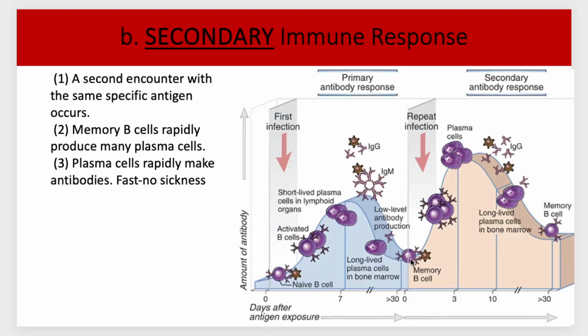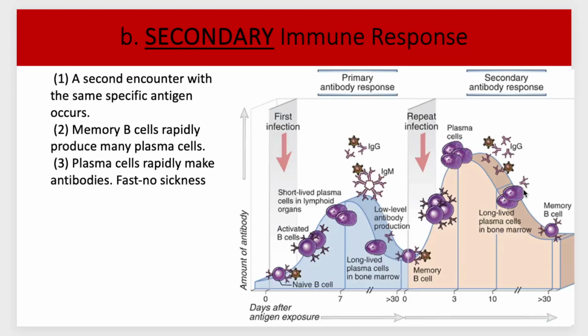Now, the second time you're infected, what was also made, you had plasma cells and you had these memory cells. And these memory B cells on the second infection are ready to go, and they're rapidly going to produce plasma cells that rapidly produce higher numbers. Look at the total number of antibodies here to target more of those antigens at once for a faster destruction of that foreign particle.